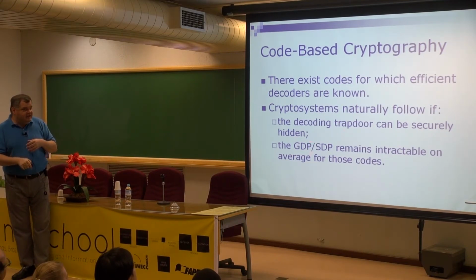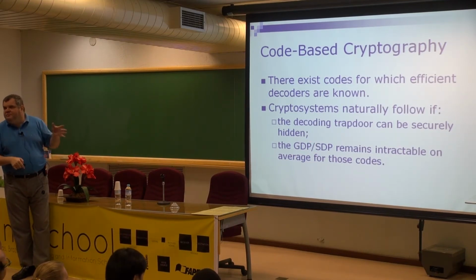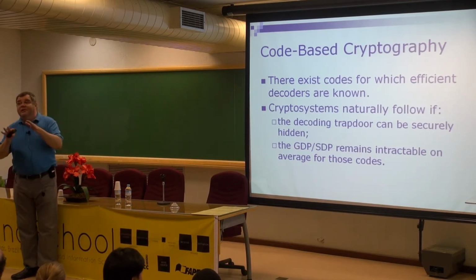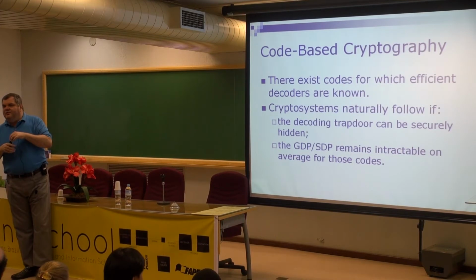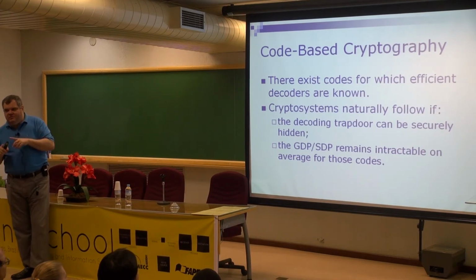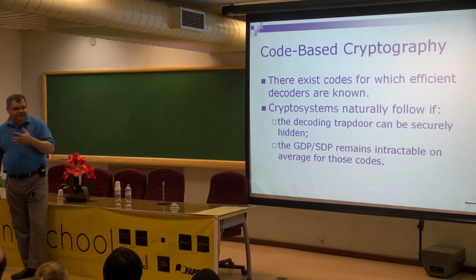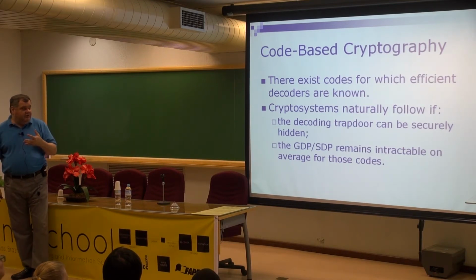It's also necessary that either these two problems or a related problem remains hard, not only in the worst case, because this is what NP-completeness actually means, there is a hard instance, but for cryptography, what we really need is that most instances are hard, so it's hard on average.